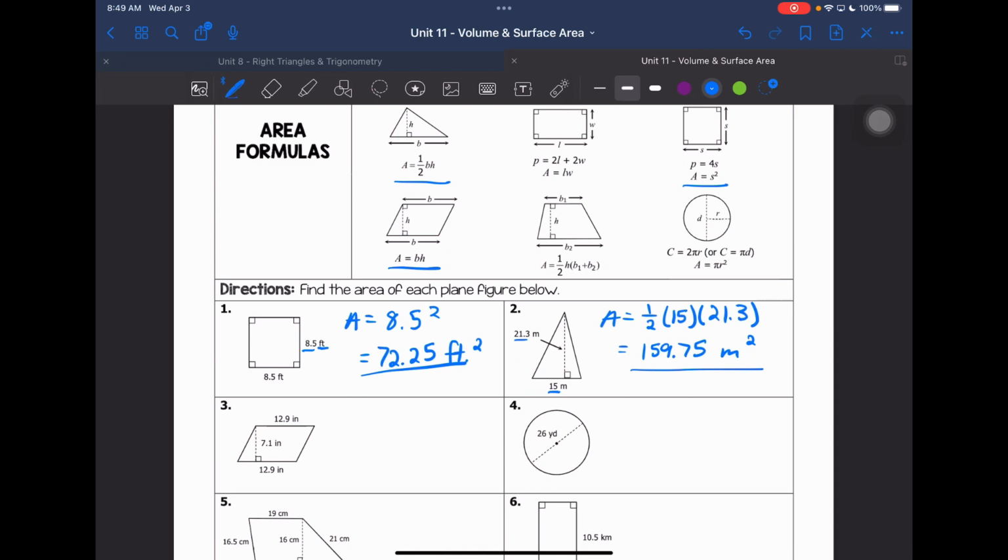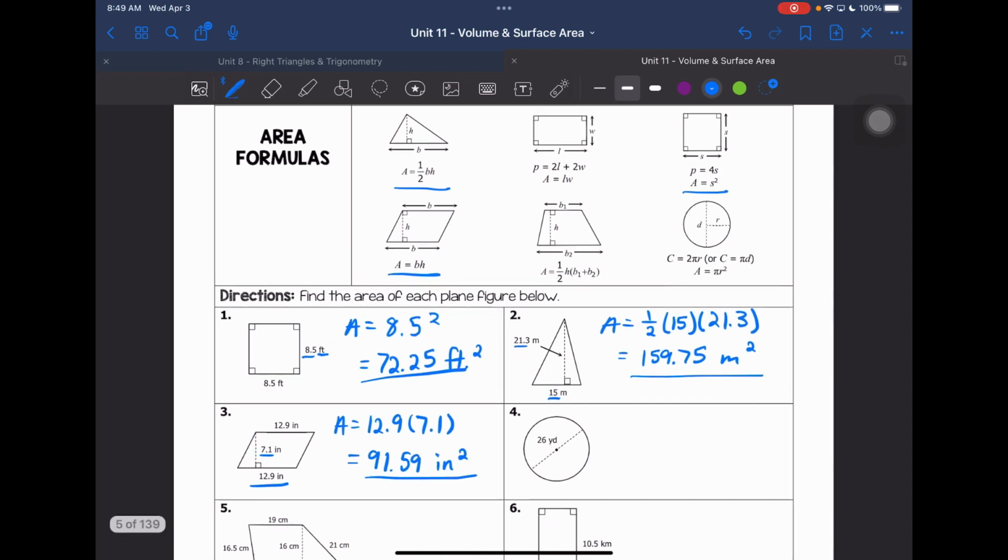So the base would be 12.9 and the height is 7.1. To find the area, we just have to multiply those together. 12.9 times 7.1, that comes out to be 91.59. And then we're going to say inches squared because those are our units that we can see there.